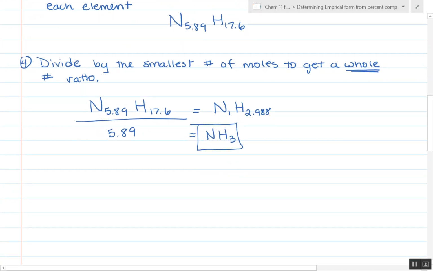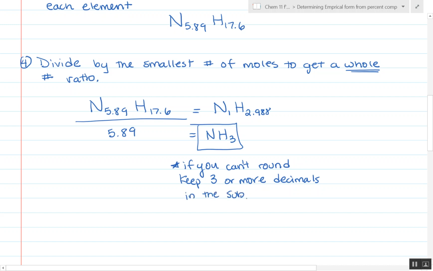So just as a side note, if you can't round initially, you want to keep 3 or more decimals in the subscripts.